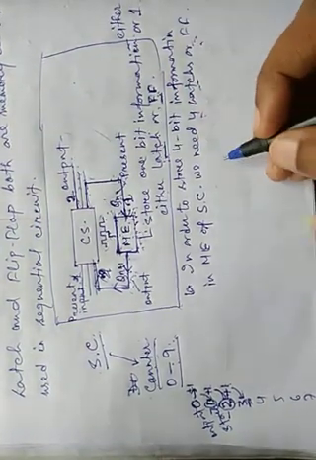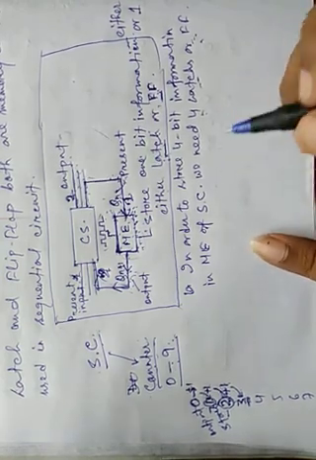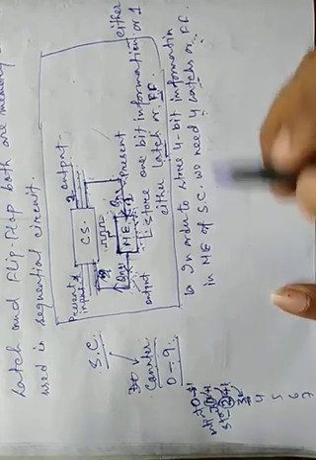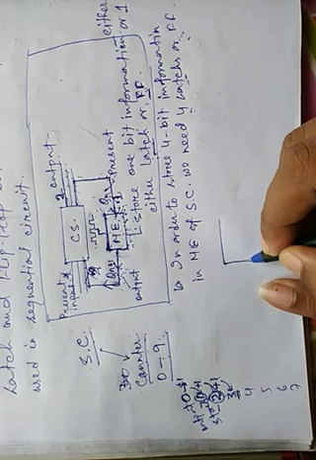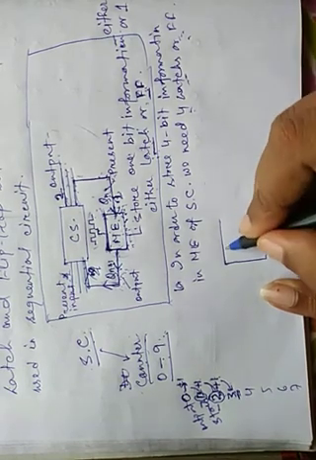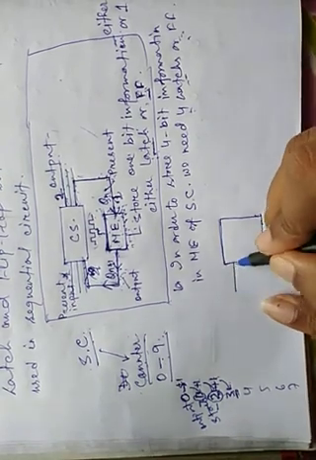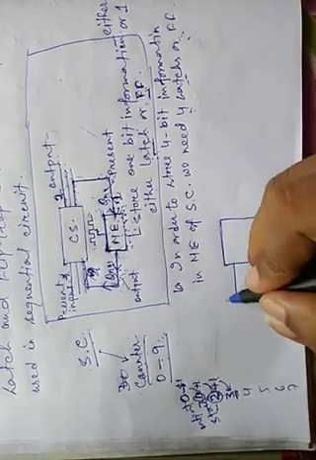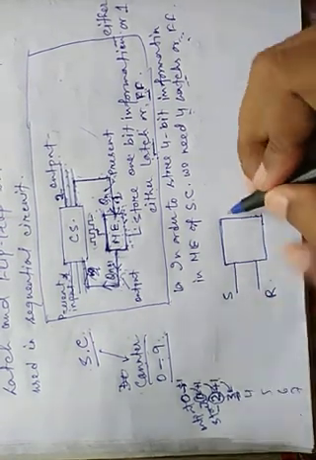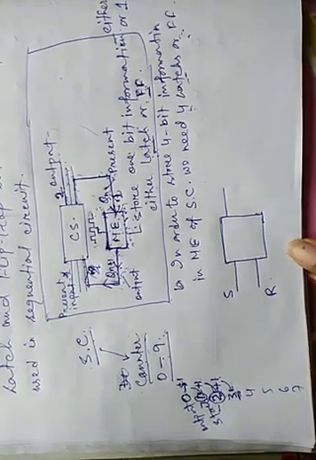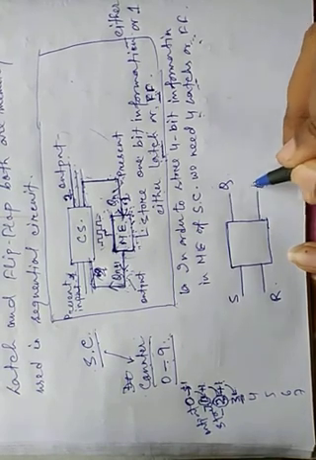For flip-flops and latches, a block diagram is used. As it is a logic circuit, there are a minimum of 2 inputs, either in a flip-flop or latch: S and R. And it has 2 outputs, Q and Q bar.